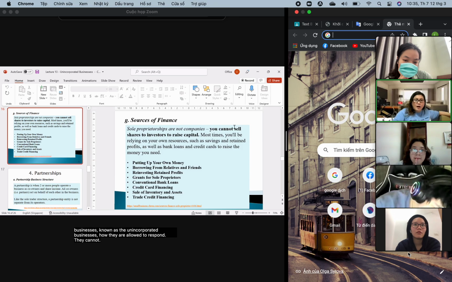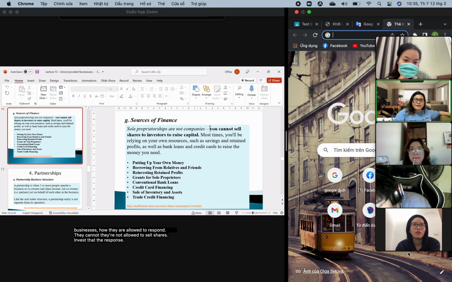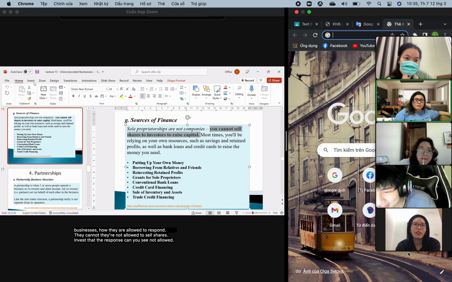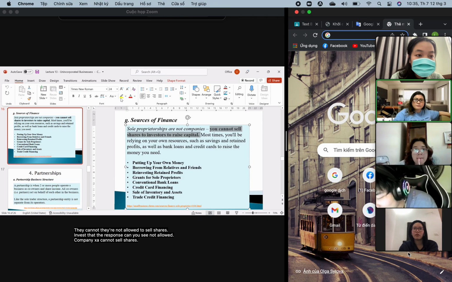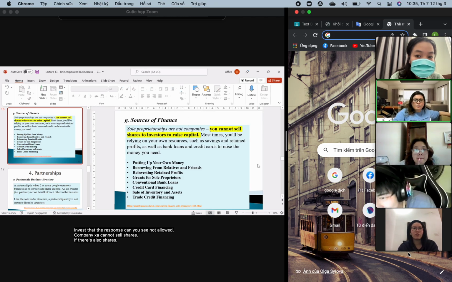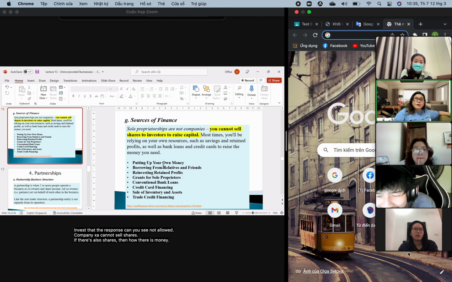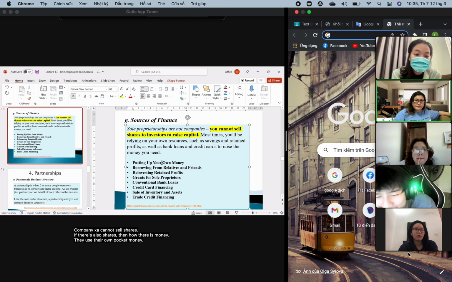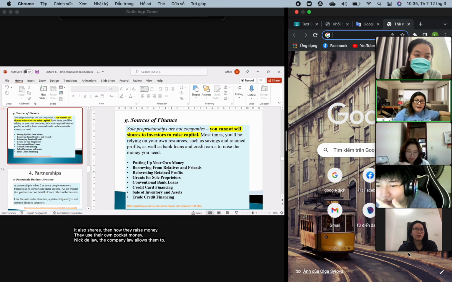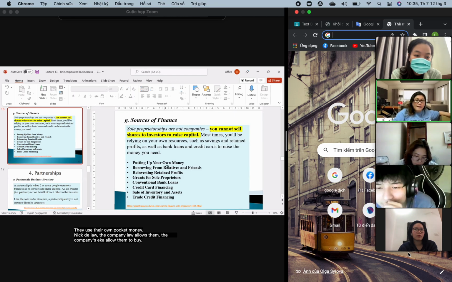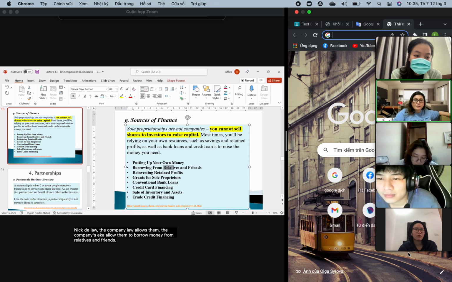They're not allowed to sell shares to investors to raise funds. Can you see? Not allowed. The Companies Act says they cannot sell shares. If they don't sell shares, then how do they raise money? They use their own pocket money. The Companies Act allows them to borrow money from relatives and friends.